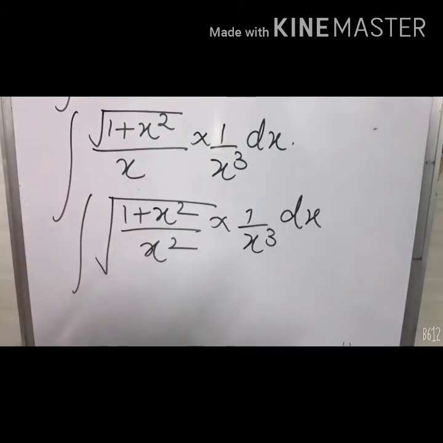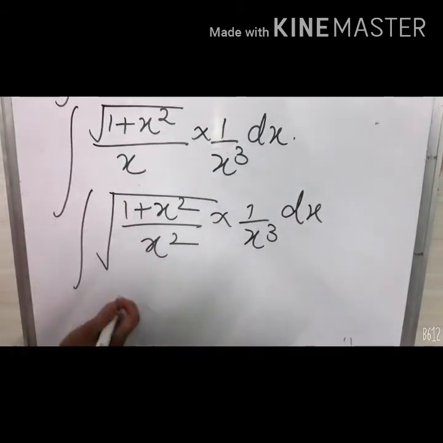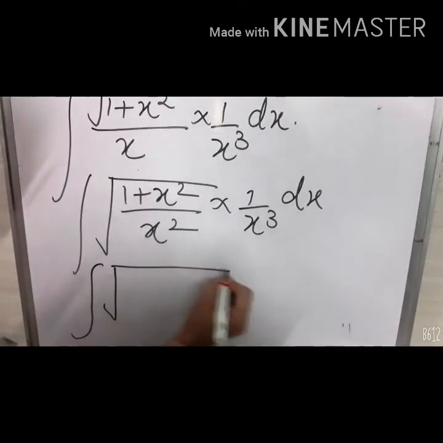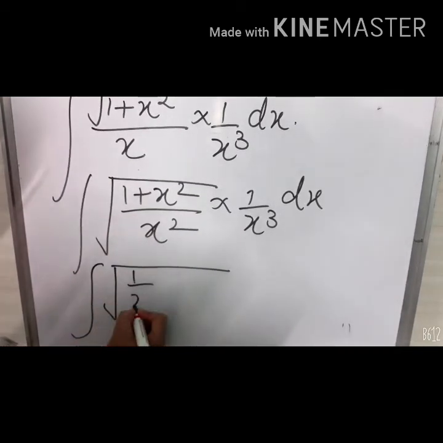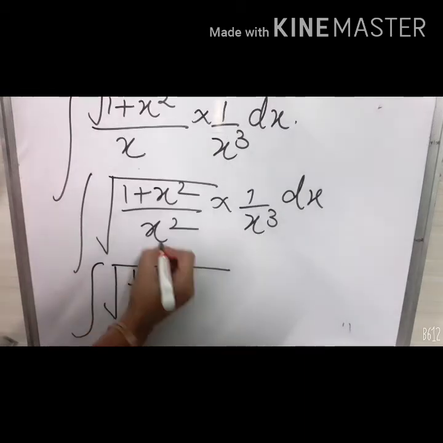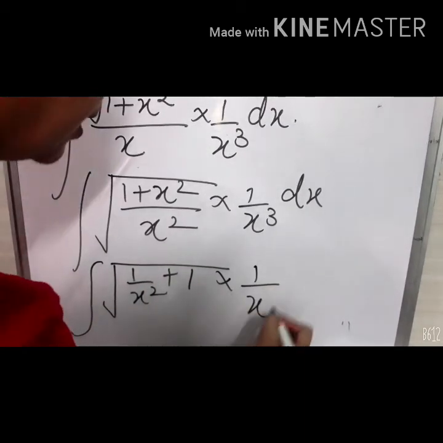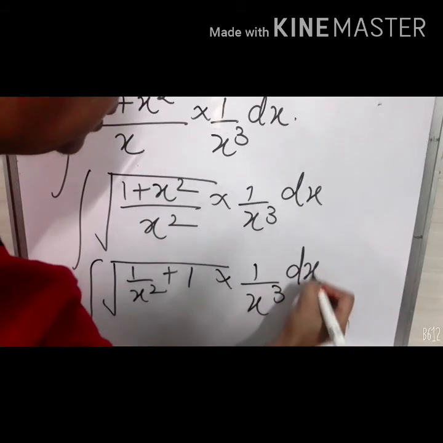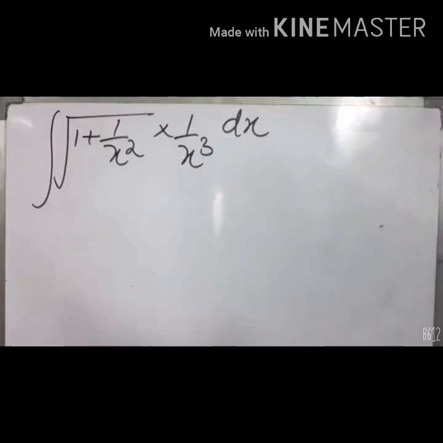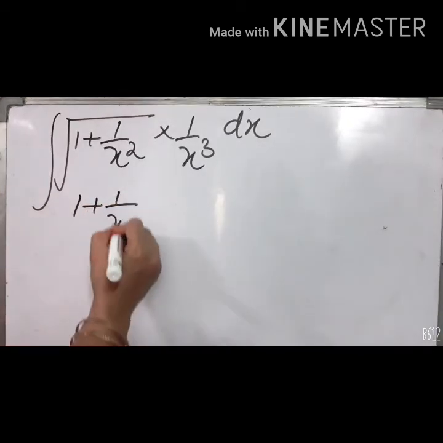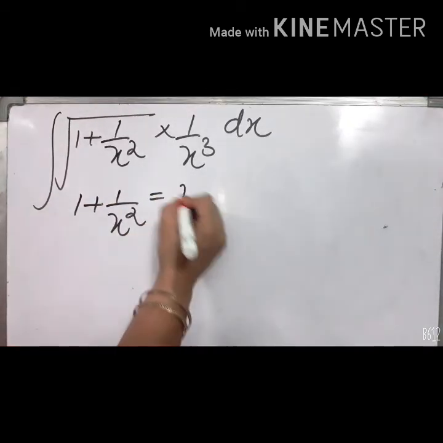So nothing will change. Now I will divide it. x square by x square is 1 into 1 by x cube into dx. Now we take 1 plus 1 by x square is equal to t square.